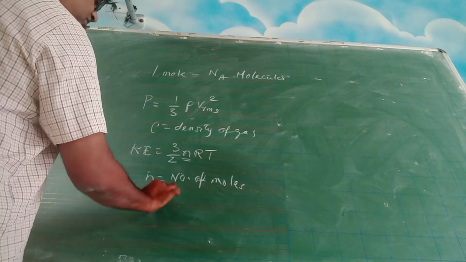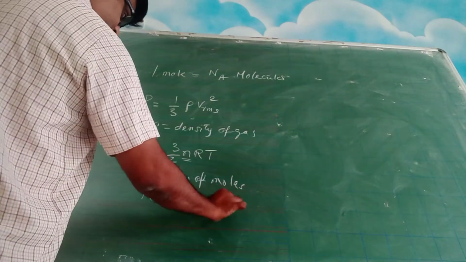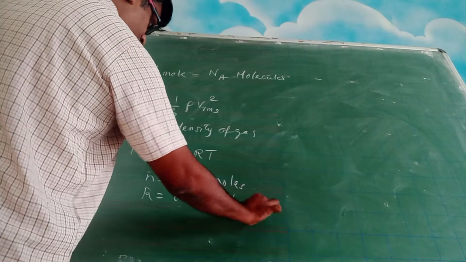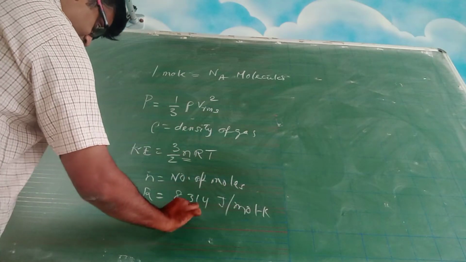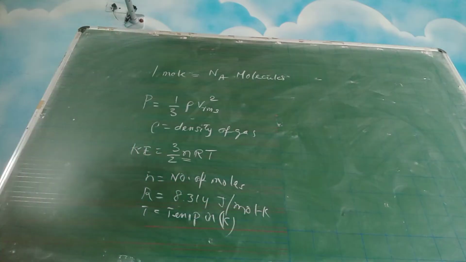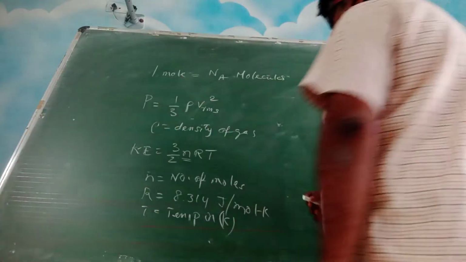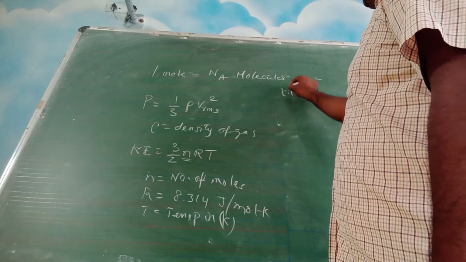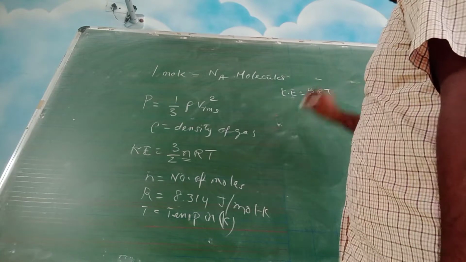I am just revising what we have done in the last class. R is 8.314 joule per mole Kelvin, and T is temperature in Kelvin, right? So if n is equal to 1, what will you get? So kinetic energy will be equal to 3/2 RT.